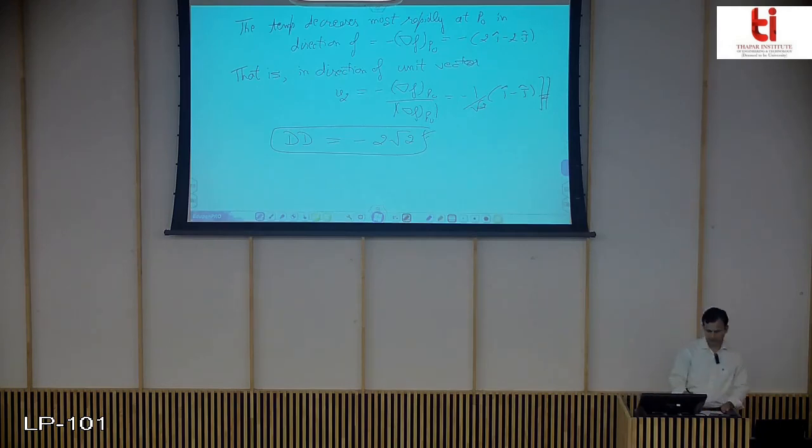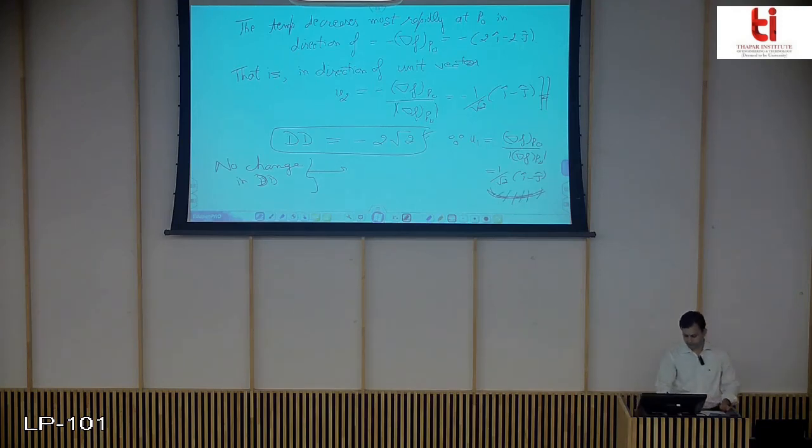Say in addition, if he is asking the direction in which there is no change in the directional derivative. So we must be looking for the direction, since we have u1 equal to gradient f upon its magnitude, which is 1 upon root 2 times (i minus j). So this is the unit vector of your gradient. So we must be looking for the direction such that it is perpendicular, orthogonal, to this vector.